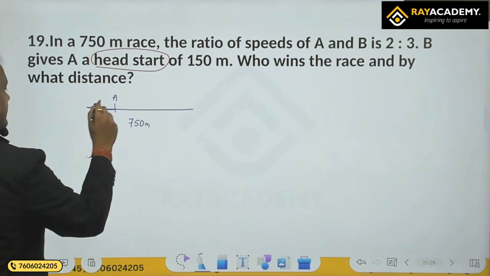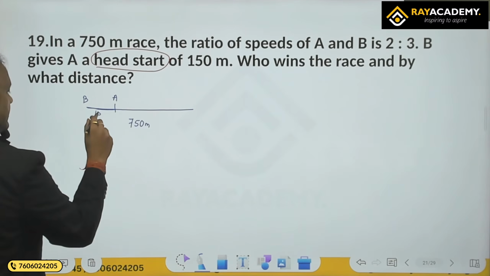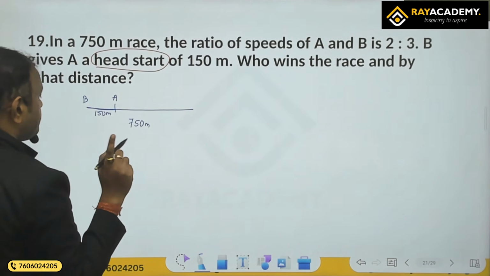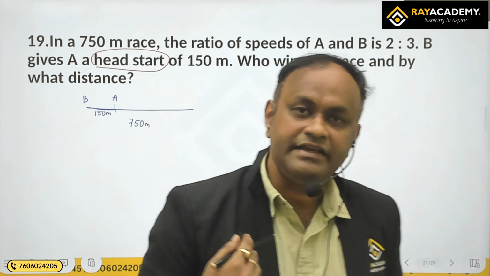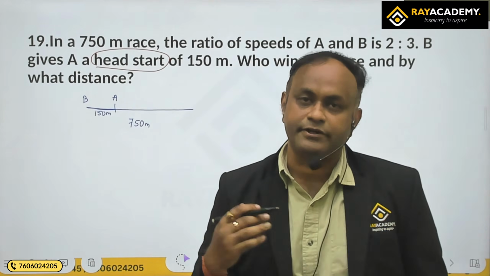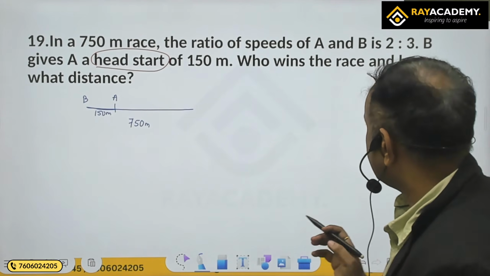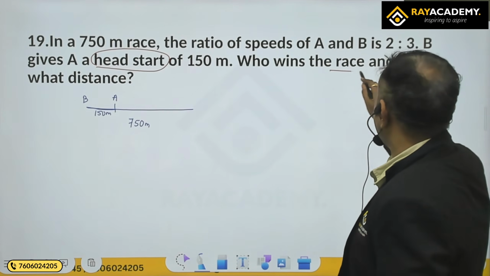So A is here and B is here. This is 150 meter. So what have they given? B gives A 150 meter head start. B allowed A to run 150 meter first.